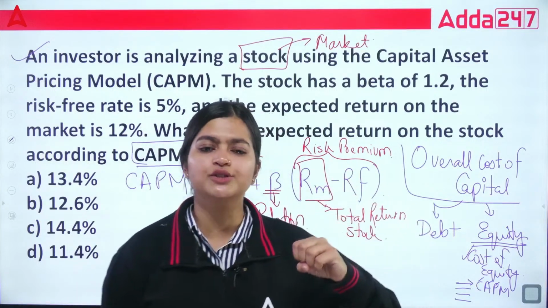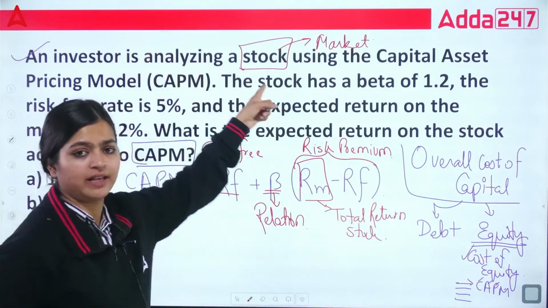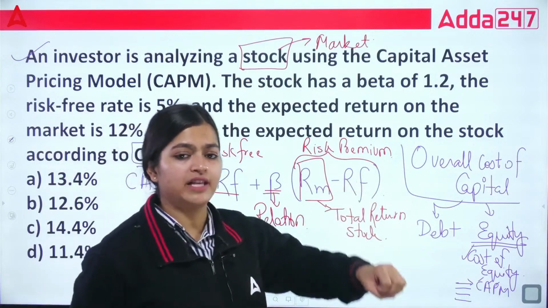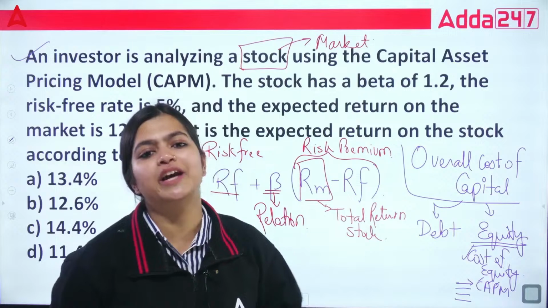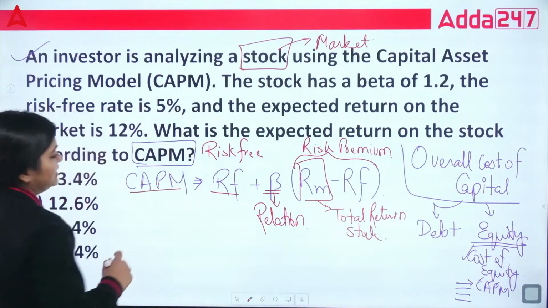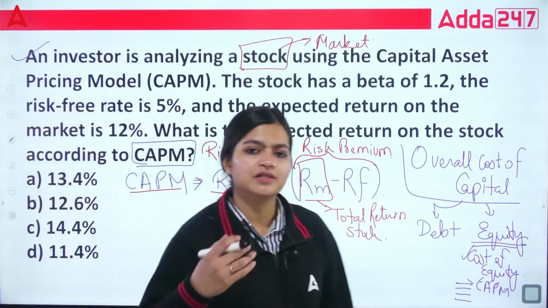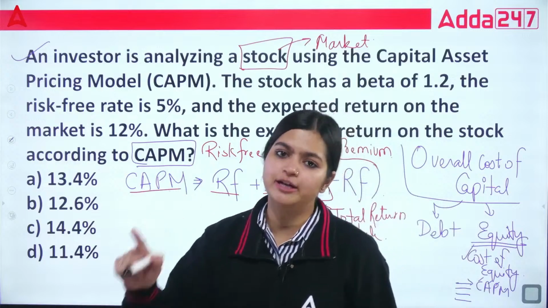So after investing, what is the required rate, what is the earning he is going to get from that particular stock? For that we use the CAPM. CAPM is the required rate for an investor but a cost from the company's point of view.